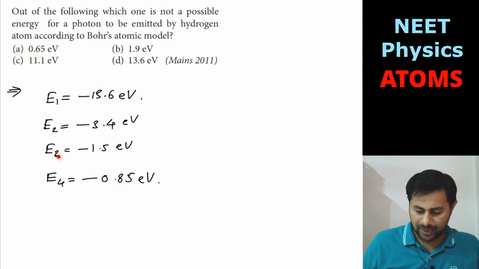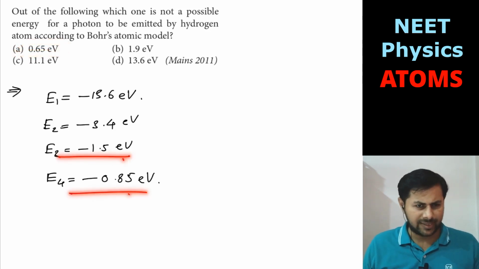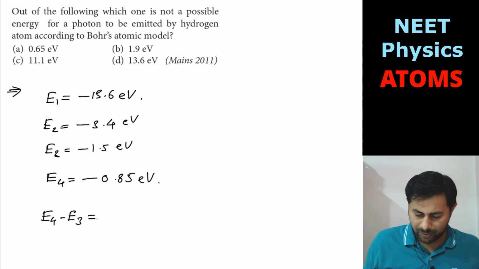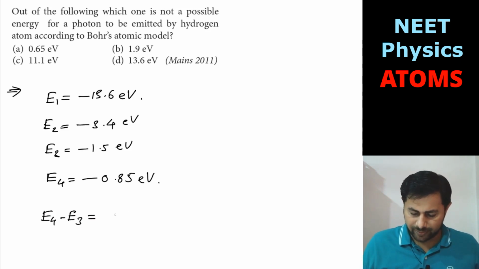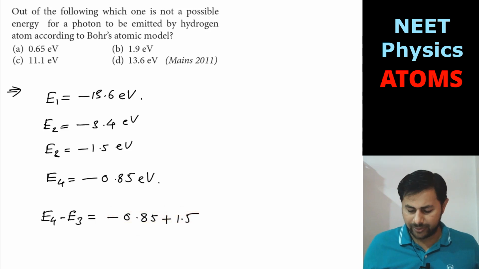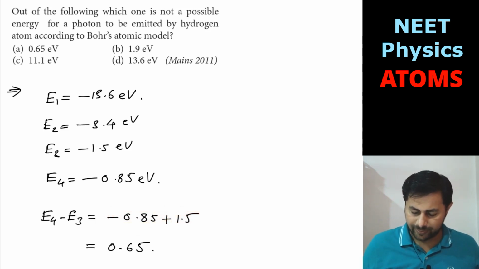I guess the difference between E3 and E4, we had seen in one of the questions, would be equal to 0.65. Minus 0.85 plus 1.5, that is 0.65. That is also possible.